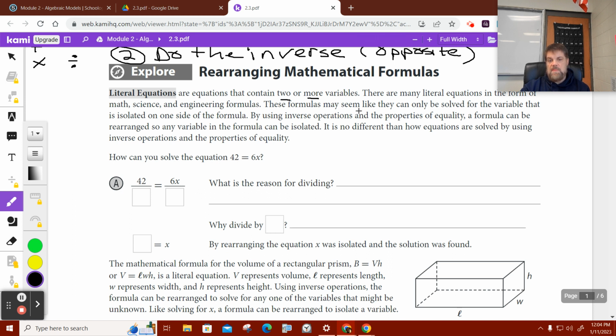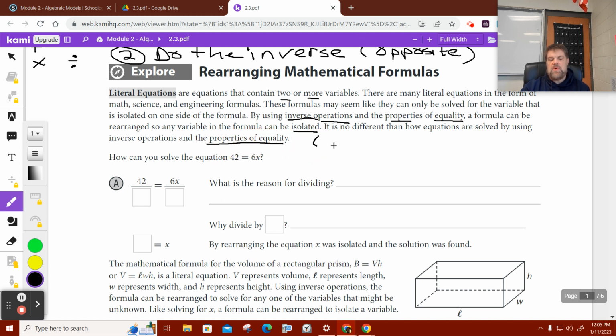These formulas may seem like they can only be solved for the variable that is isolated on one side of the formula. By using inverse operations and properties of equality, a formula can be rearranged so that any variable in the formula can be isolated. There is no difference than how the equations are solved by using inverse operation and the properties of equality.